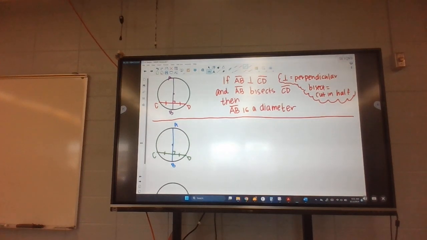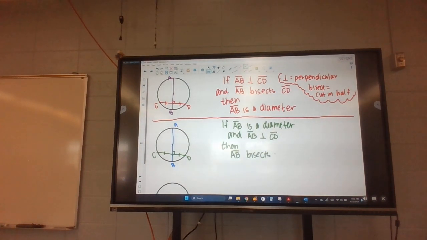Now this one's going to tell me AB is a diameter, and again, we're going to have perpendicular. I'll explain the difference between these two when you write them down.